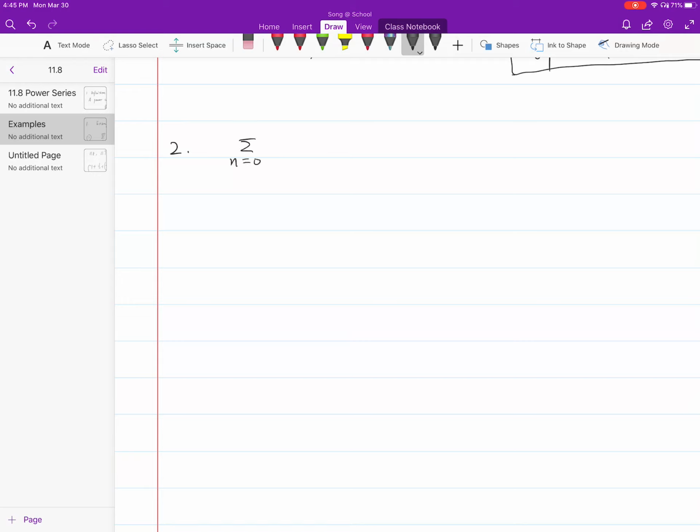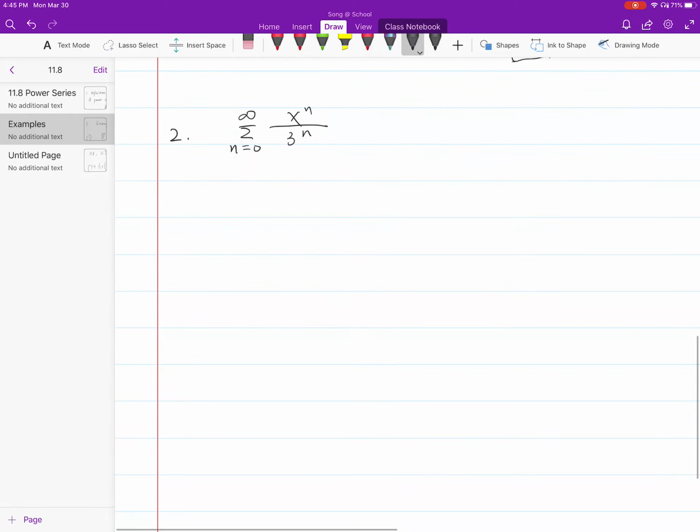First one. Sum from n equals 0 to infinity of x to the n over 4 to the n. Let's try that.